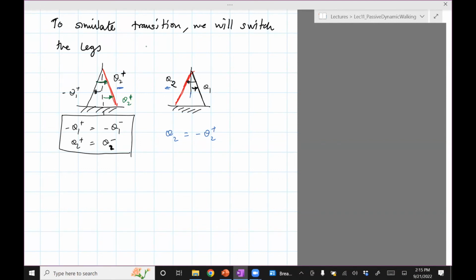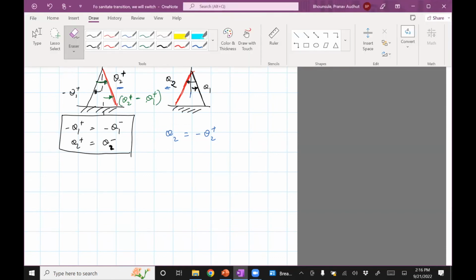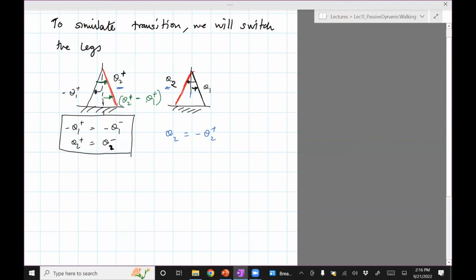So I'll switch the direction of that, so it becomes minus of minus theta1, so it'll be theta1 positive. I did that because I want to switch this direction to be the other way. And then I need to subtract that from theta2, so it'll be minus of this. That is to make it consistent, I need to do that. So theta2 positive minus theta1 positive is the angle I've shown in green here.